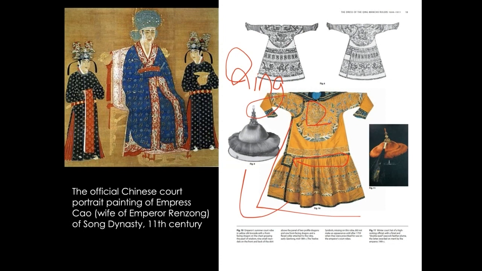And then, before Qing, the traditional Han ethnic group's clothes are something like this that you see in the 11th century portraiture. And this is a Song dynasty. And the woman seated here is the empress. So it's a woman's wedding or high feast ceremonial dress.